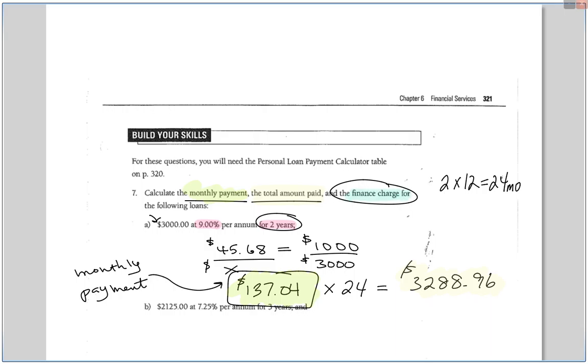The finance charge is going to be the difference between the total amount paid and the actual loan itself. The actual loan itself was $3,000. Subtracting, 288.96 is the difference. That is the finance charge, aka the interest.